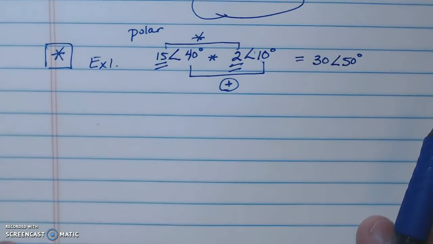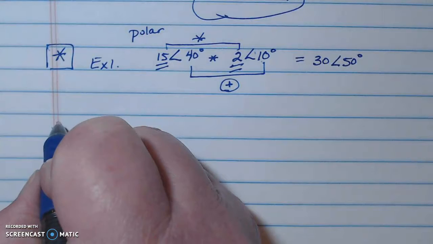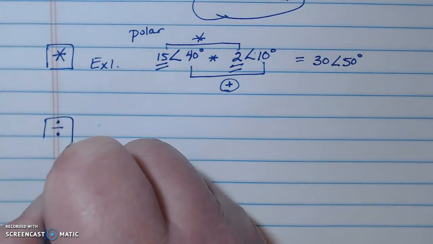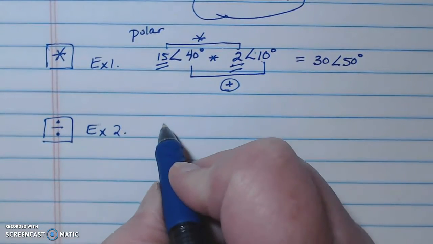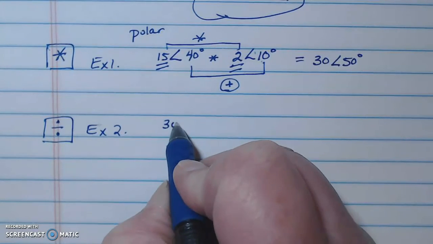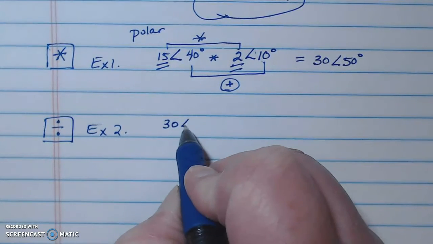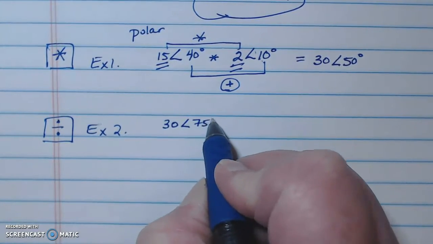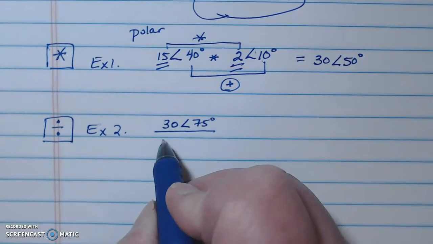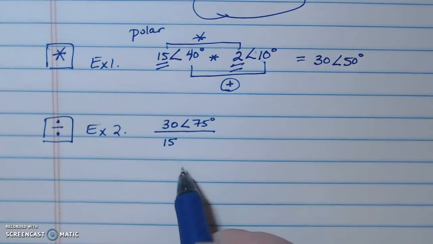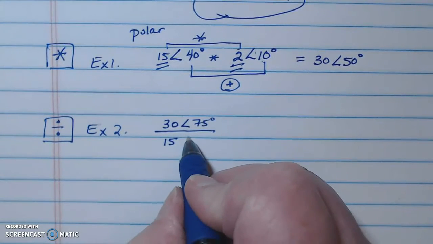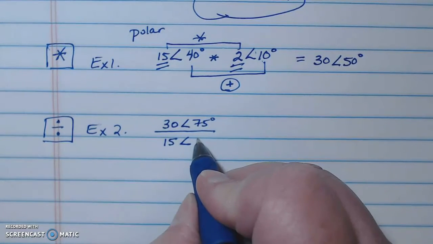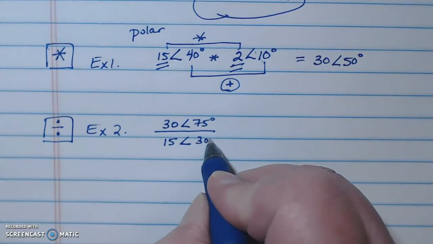So what do you think would happen for division? Well, it's pretty similar. So here's an example for division. Let's say you had the value 30 for magnitude and the angle measure was 75 degrees. And your other complex number was represented by magnitude 15 and angle measure, let's say 30 degrees.